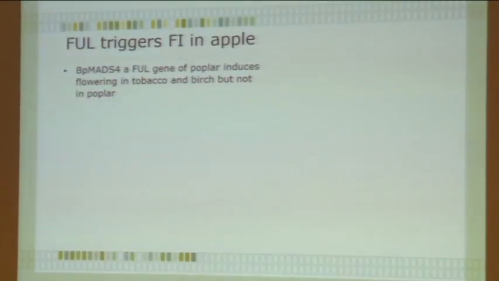The other integrator gene, FULL, again, we believe that this gene is responsible for triggering flower induction, and we have a gene from poplar, and if we use this gene in tobacco and birch, we get very early flowering.